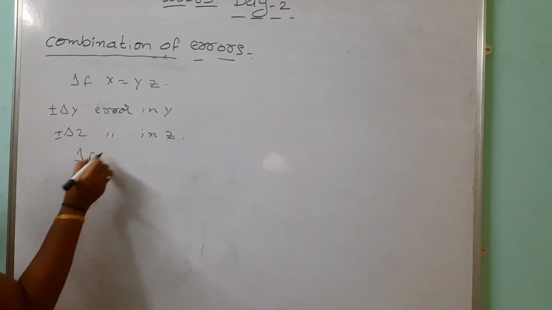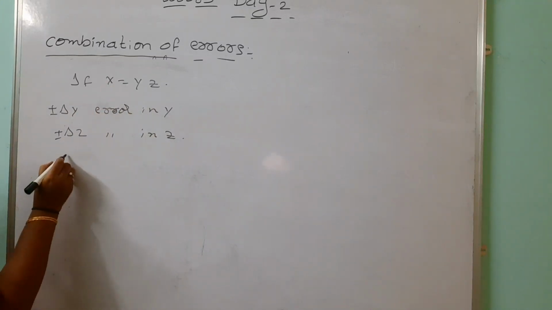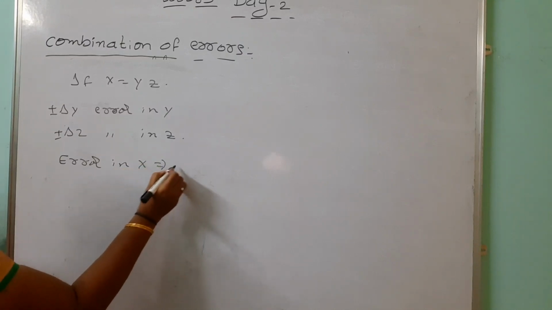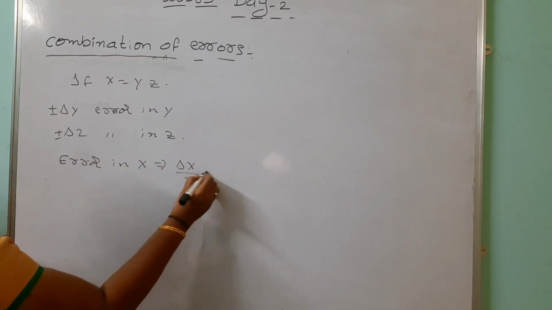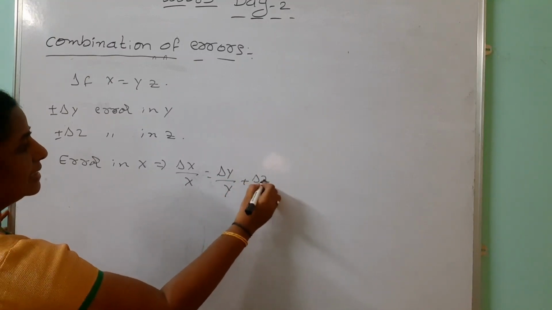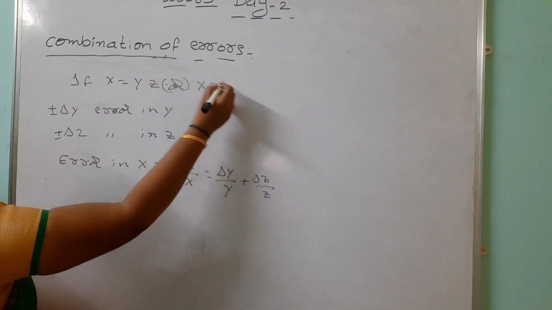If x equals yz, how to find out the error in x? We can write it: error in x, delta x by x, equals delta y by y plus delta z by z. This is for both multiplication and division.